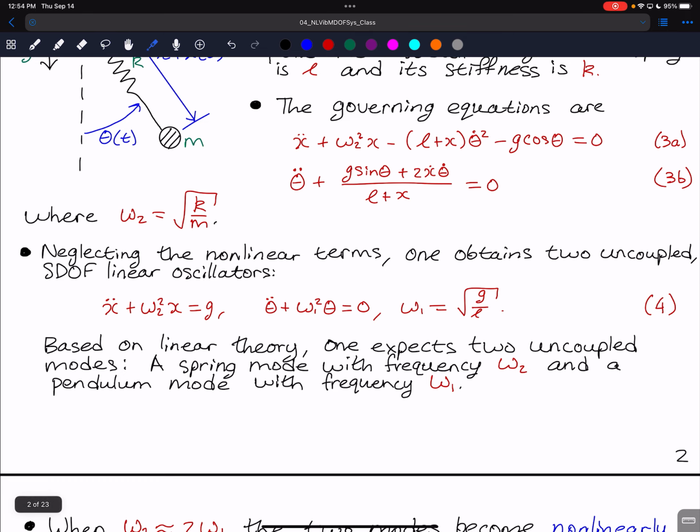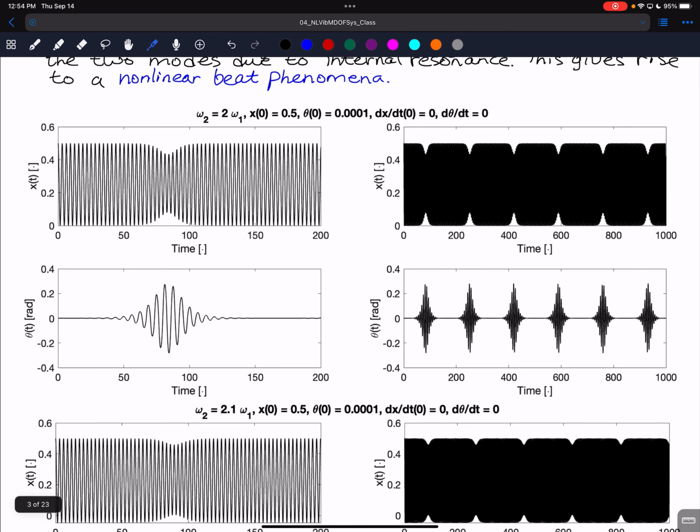Now, beating phenomena is specifically talking about this type of profile where you get these series of beats, and they result from resonance. In fact, you can show that the beating phenomena is a violation of the averaging theorem, which then ties it into a resonance phenomena. So in this case, you're right, this is a parametric resonance, and it's causing the beat phenomena.